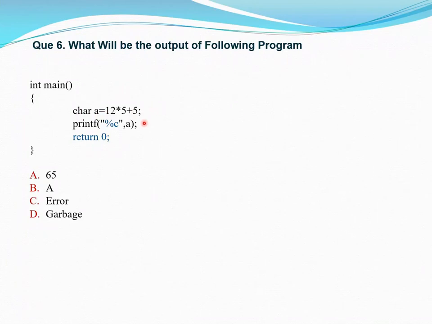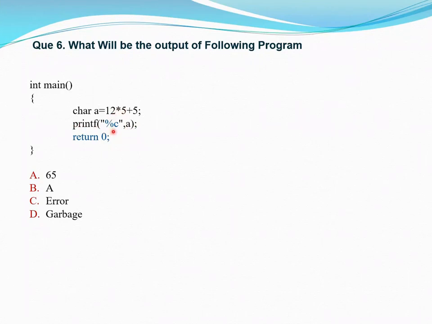Then in the next printf function, the first argument is %c. Here the format specifier is %c, which is used to print the character value. With this printf function, a will be displayed, that is, 65 will be displayed in character format.